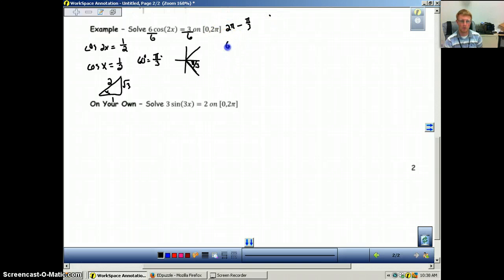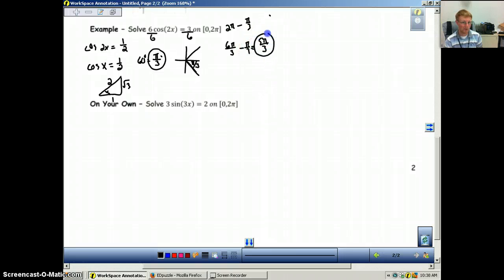So that's right, 6 pi over 3 minus pi over 3 is equal to 5 pi over 3. So therefore, 5 pi over 3 and pi over 3 are definitely going to be what makes cosine of x equal to 1/2. So we have 2 of our values so far.